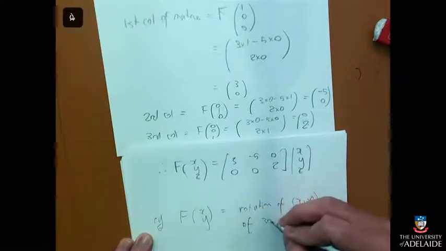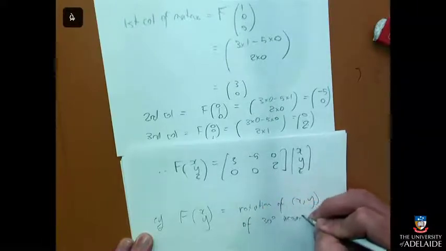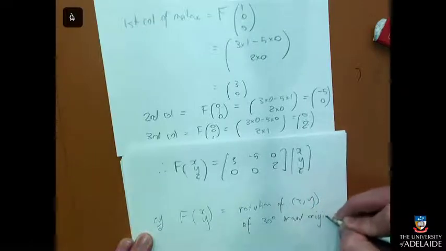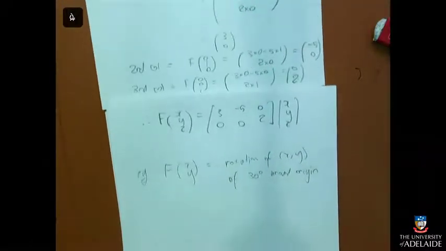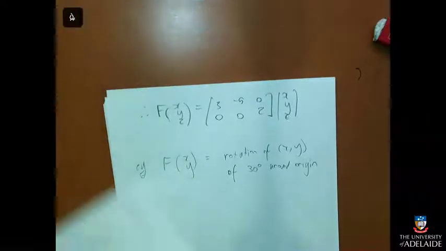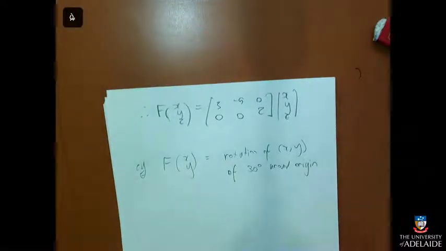Of 30 degrees around the origin. So my linear transformation is rotation of the point 30 degrees around the origin. That's how I'm describing my linear transformation.